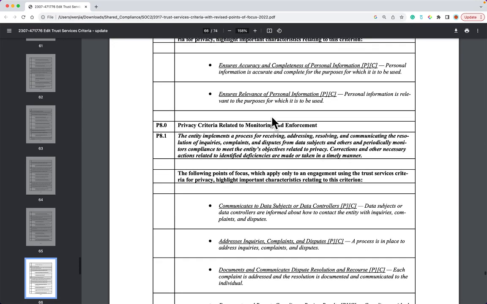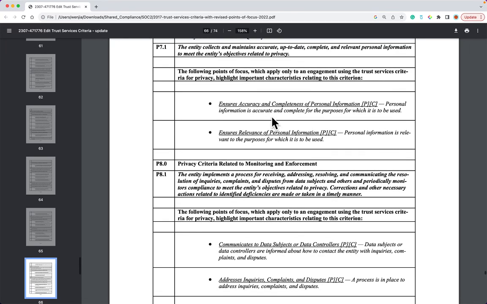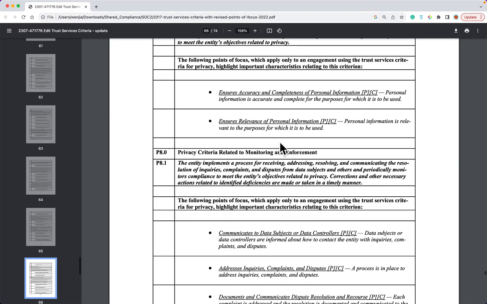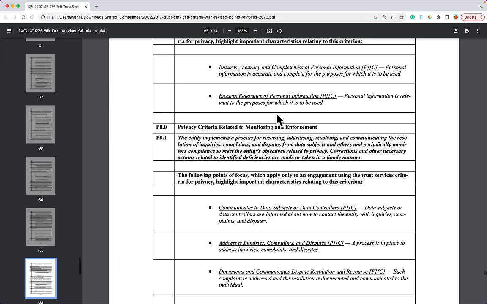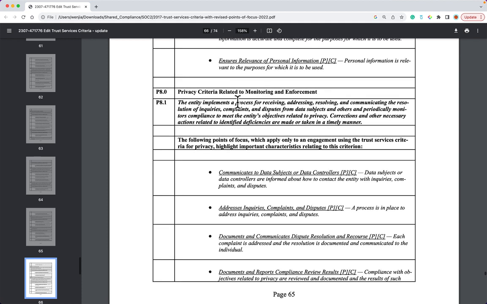You need to check they are up to date. So when you provide service to the data subjects, you are using the right input and giving the right output. Next one, privacy.